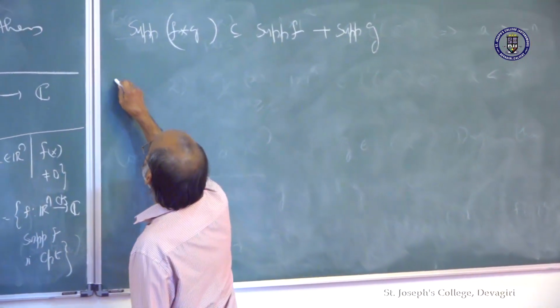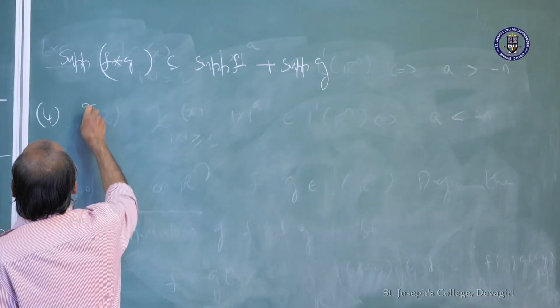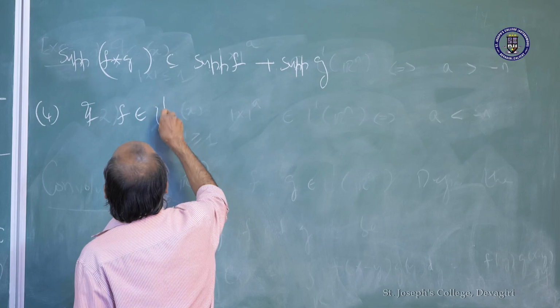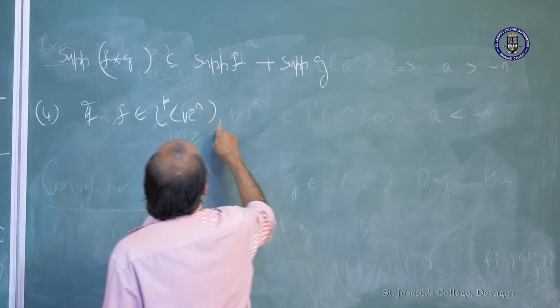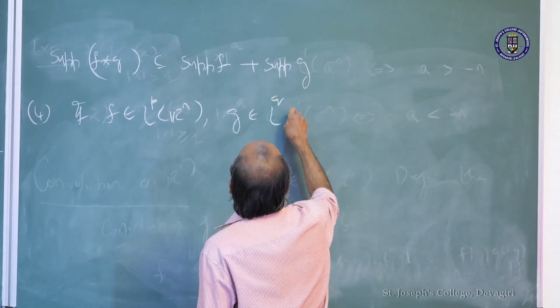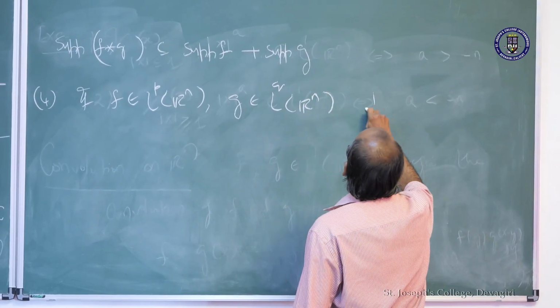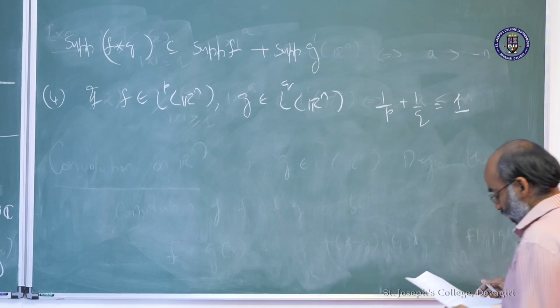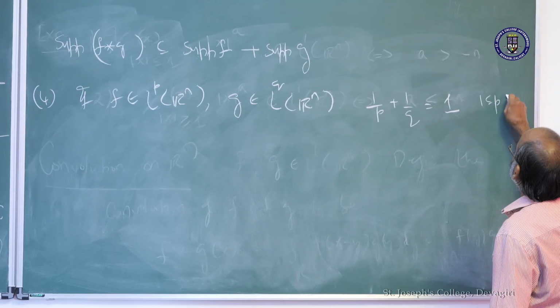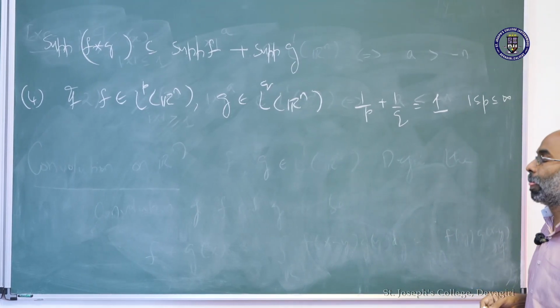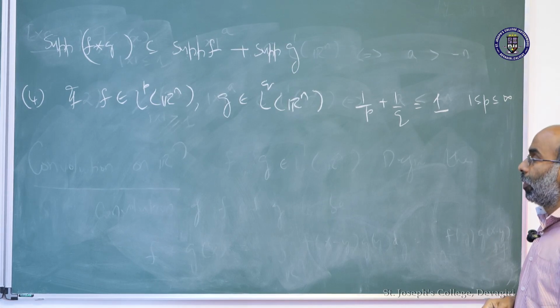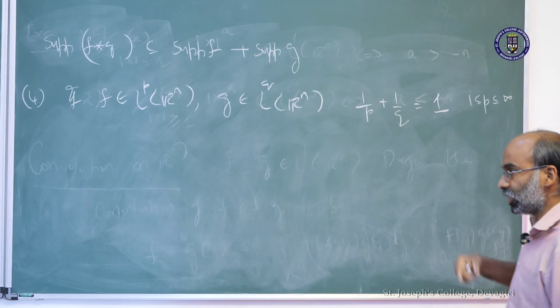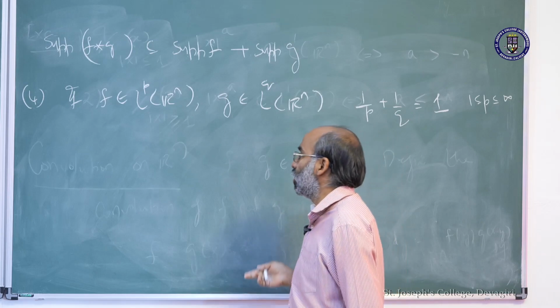Maybe one more. So, if f is in LP of Rn, g is in LQ of Rn, okay, where 1 by p plus 1 by q equal to 1, with 1 less than or equal to p less than or equal to infinity. You can still convolve them, that is purely Holder's inequality, right.